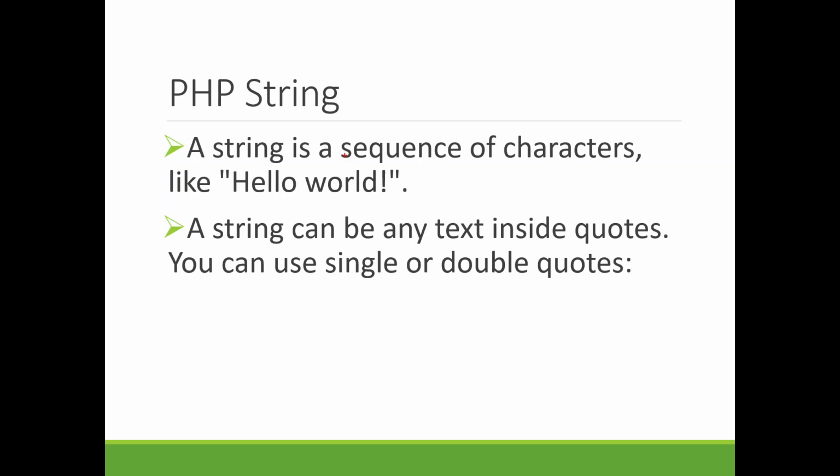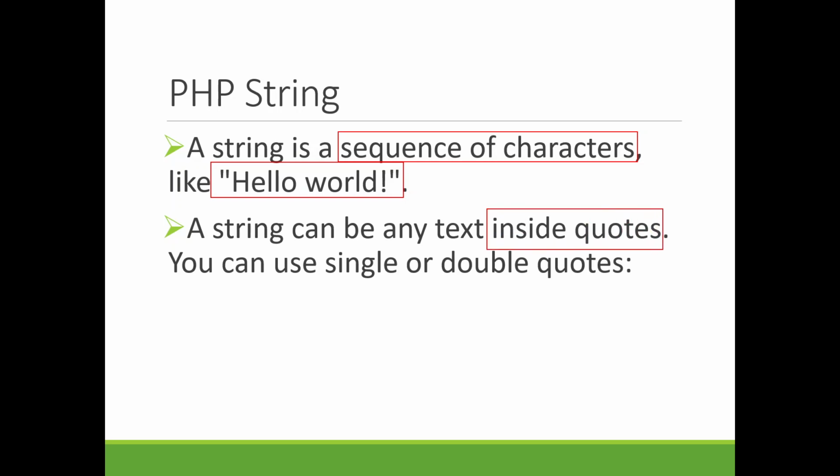A string particularly is a sequence of characters. For example, hello world. It is common that anytime we write a string, we put it inside quotes. It can be single quotes or it can be double quotes.